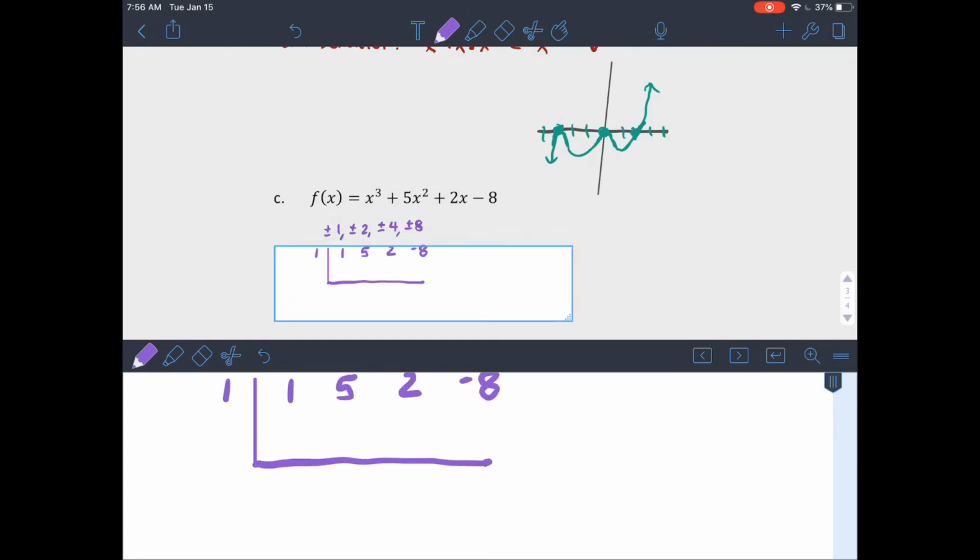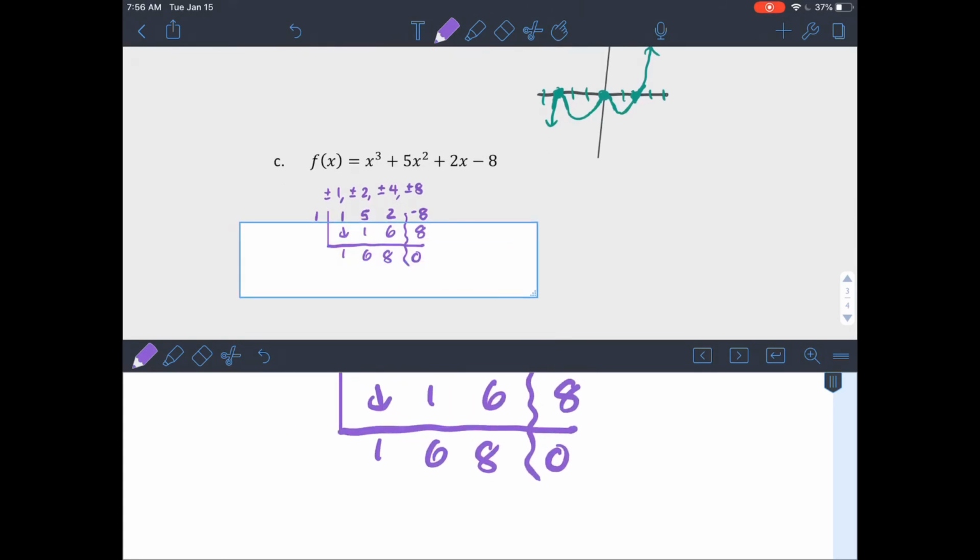So let's do some division and make sure that x minus 1 does divide in evenly. It does. So you can rewrite that original polynomial in factored form as x minus 1 times x squared plus 6x plus 8.